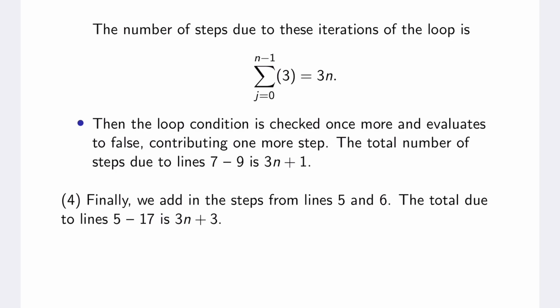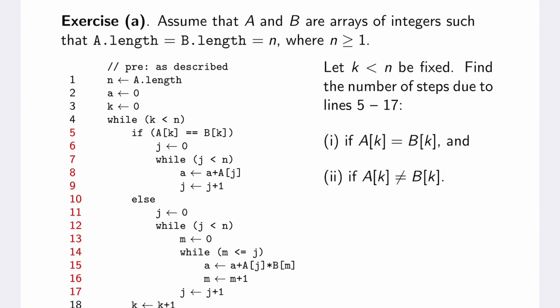So we find that the number of steps taken in that if-else block, assuming the if condition is true, is 3n plus 3. And like I mentioned, we're not going to go through the mechanical details of the math, but at a glance, this looks correct. There's a loop where the loop variable starts at 0, increments by 1 every iteration, and then counts up to n.